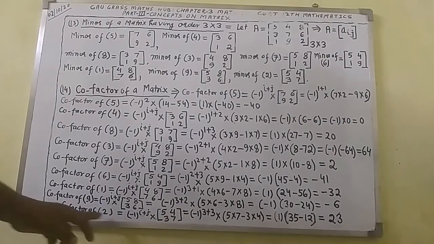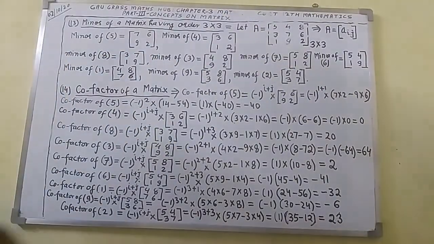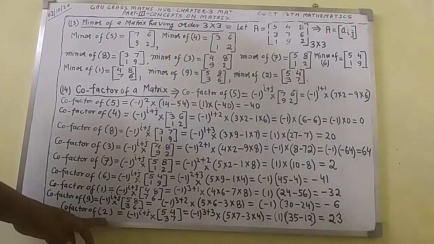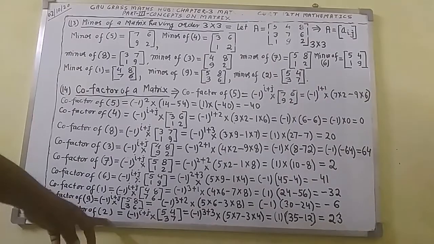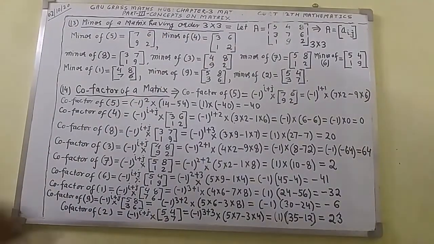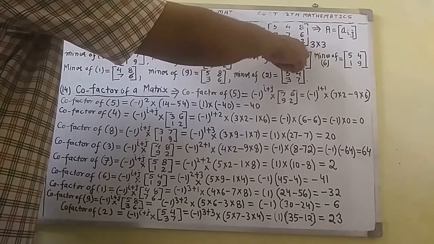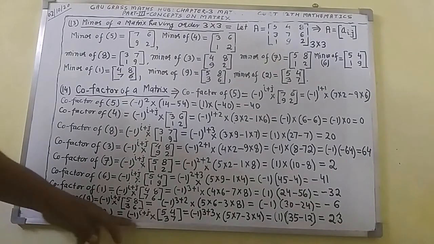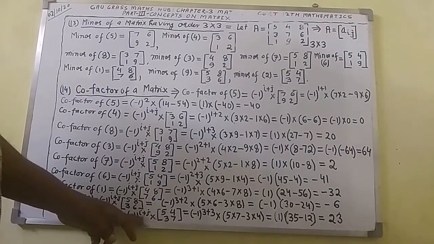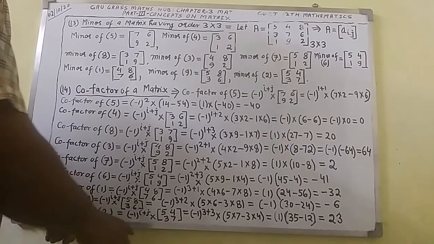Now the cofactor of element 2. For the cofactor of element 2 here, you have to locate where the element 2 lies in the given matrix A. So here you can see 2 lies in the given matrix in the third row, third column. Here minus 1 is fixed, that is constant, raised to i plus j into the minor of element 2.